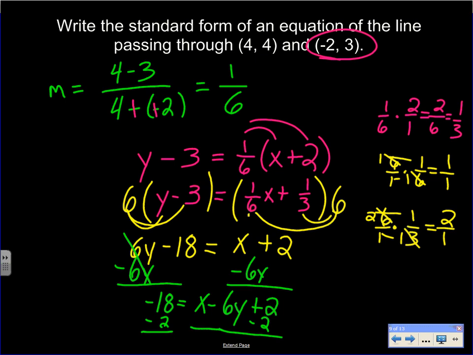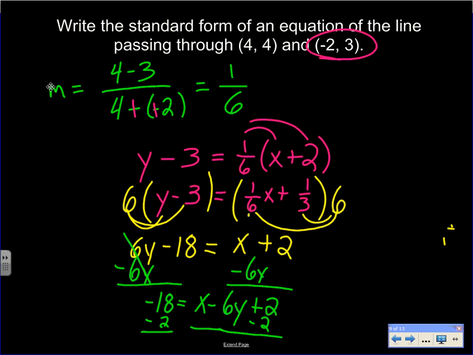So on the left side, I'm running out of room here. Let me erase some of this fraction multiplication. On the left side, negative 18 minus 2 becomes negative 20. And on the right side, the 2's there canceled out, so we're left with x minus 6y. And you might look at this and say, you know what?